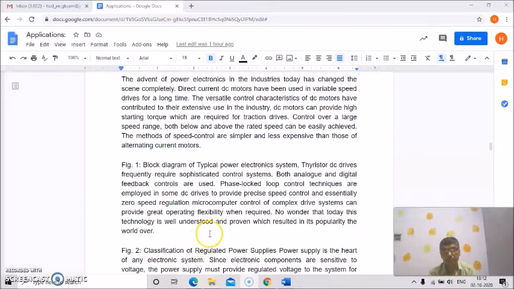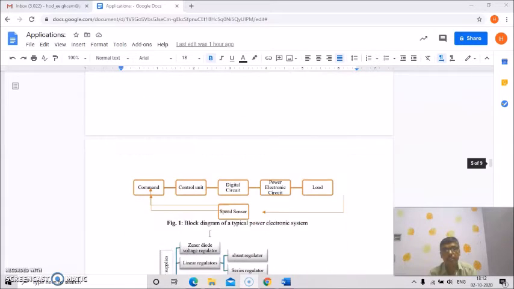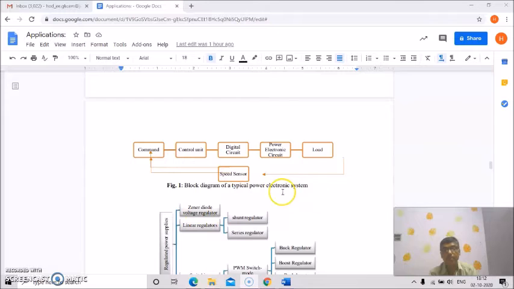This is the block diagram of a typical power electronic system. We have already discussed this power electronic system at the very beginning of our power electronics discussions, and its application to drives. Basically, this is the power electronic circuit, and its output is supplied to the load. The power electronic circuit is controlled by a digital circuit, which is part of the control unit.